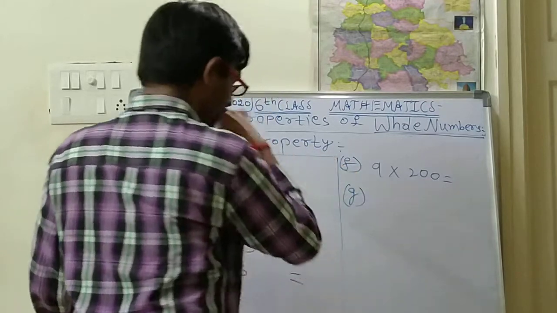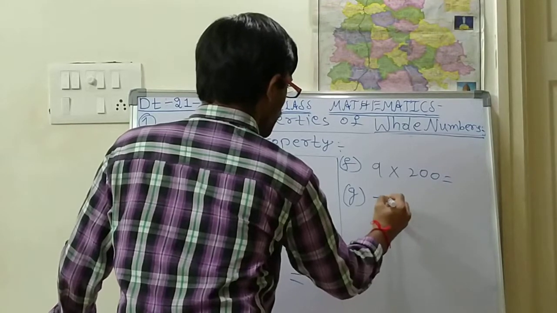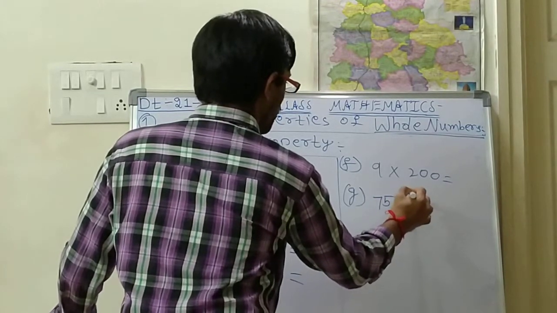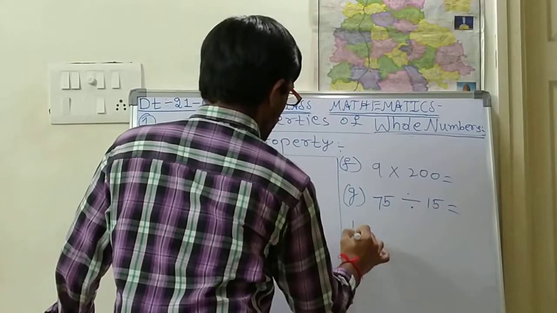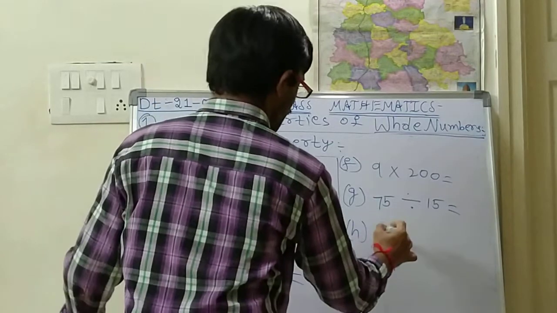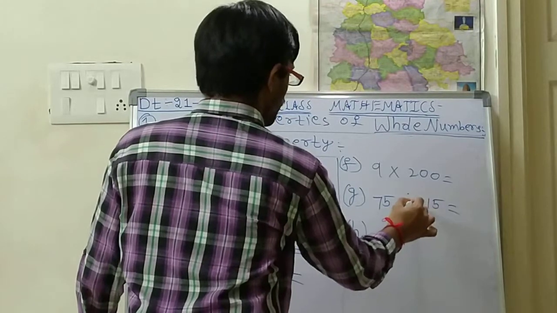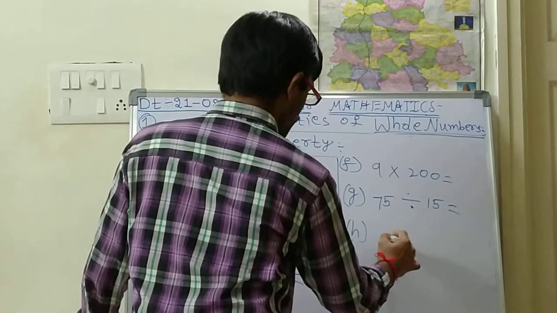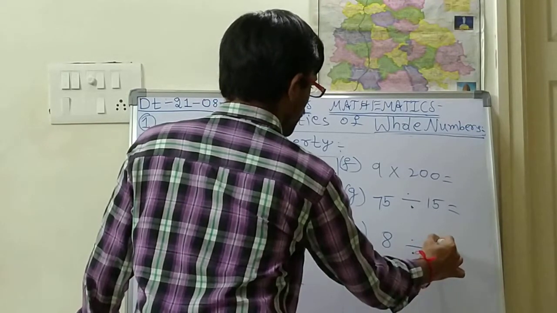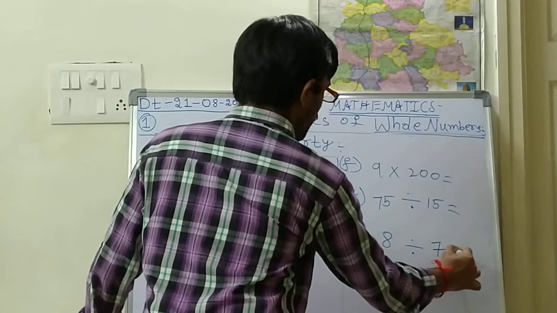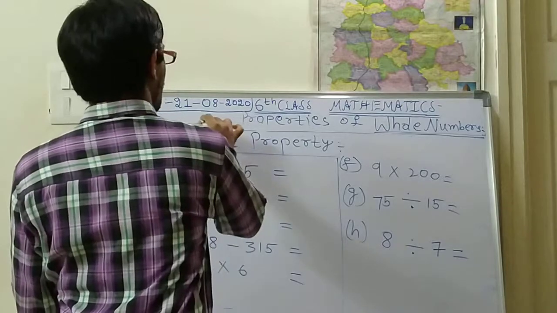G, 75 divided by 15. Next, H, 8 divided by 7.